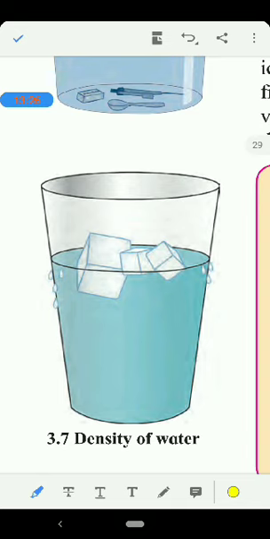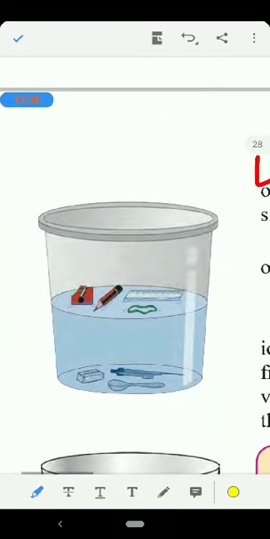So why did this happen and what is the reason behind that? That we will see now. In the case of this example, the articles which float on the water have a density lower than that of water. That's why they float. And those which sink have a higher density as compared to water. That's why they sink.